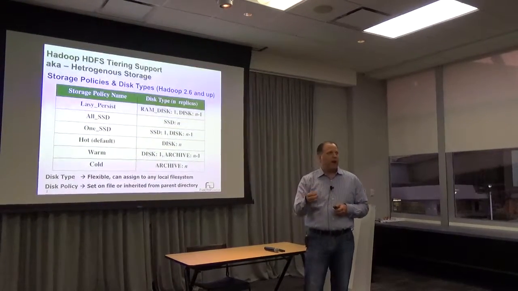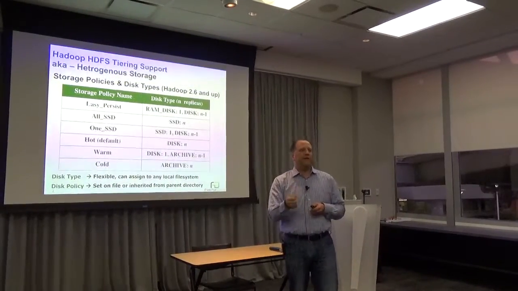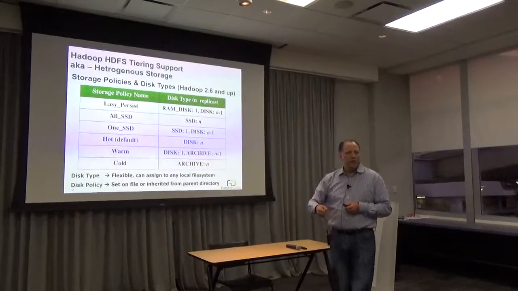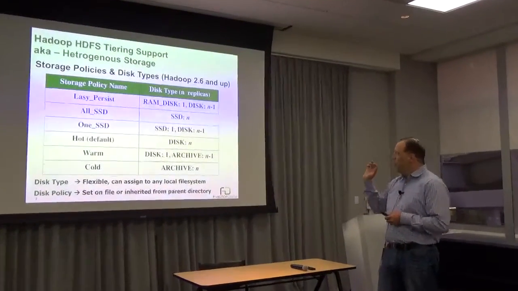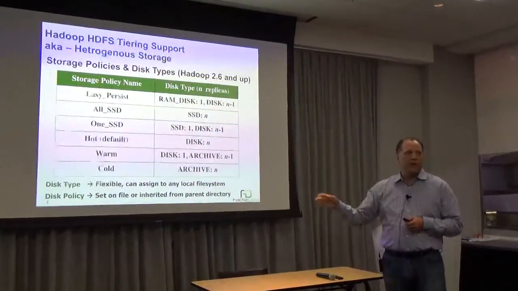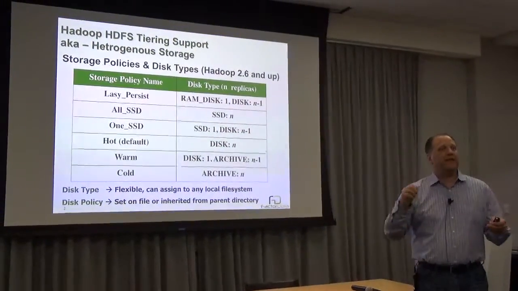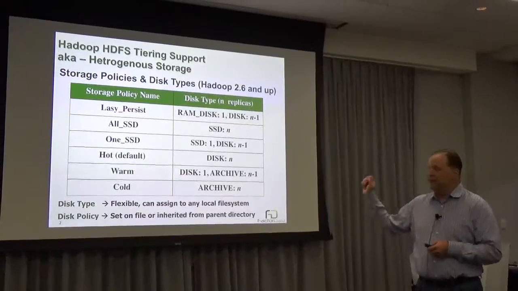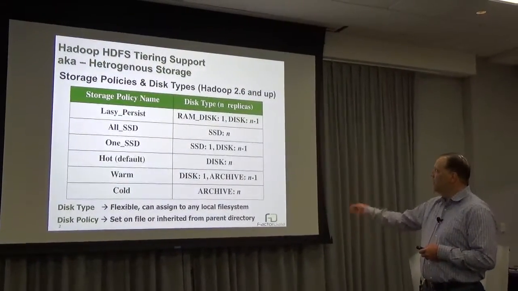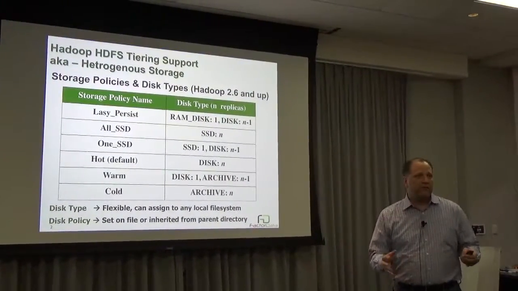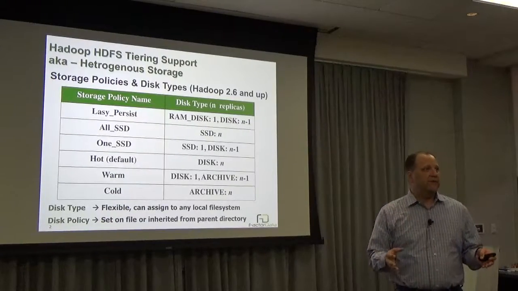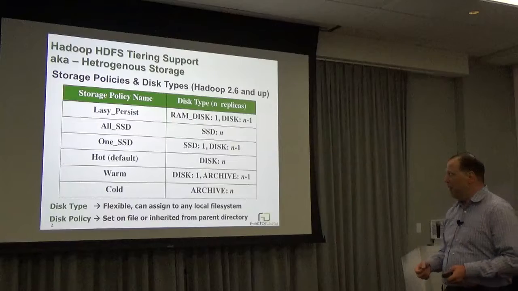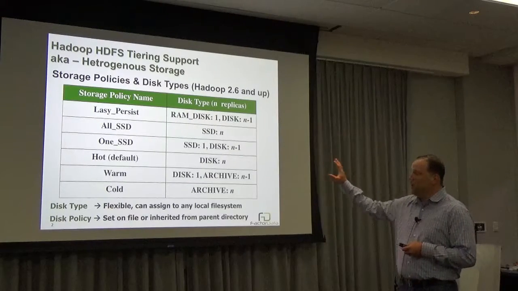Disk types are another type of metadata, but this piece of metadata applies to the local file systems on your data nodes. So you can specify what type of storage that particular file system is. You can tag it with things like SSD, disk, archive, RAM disk. You can specify what that local file system is and use it for the appropriate data within your environment. So these two work hand in hand.